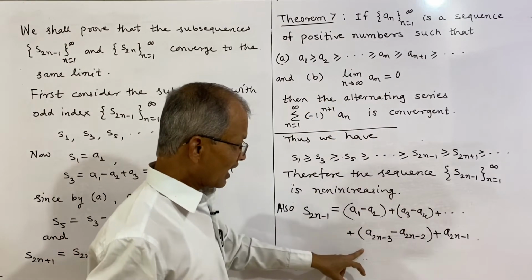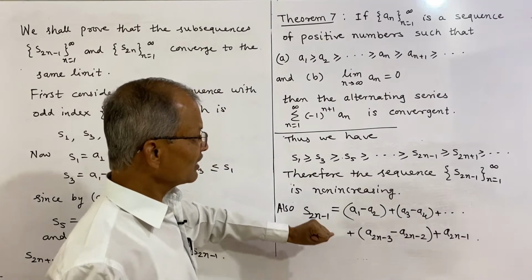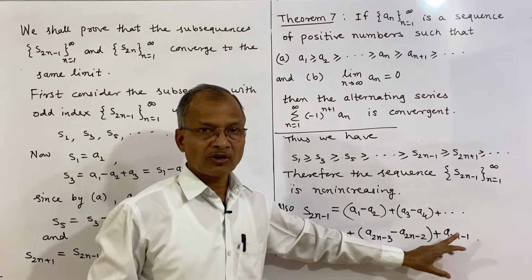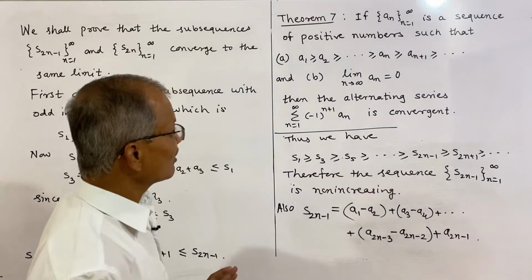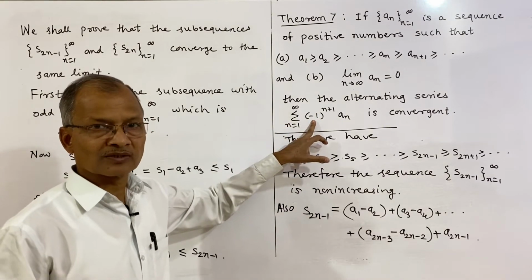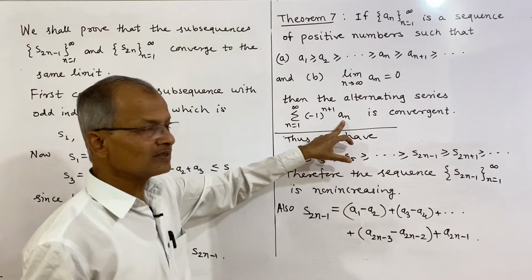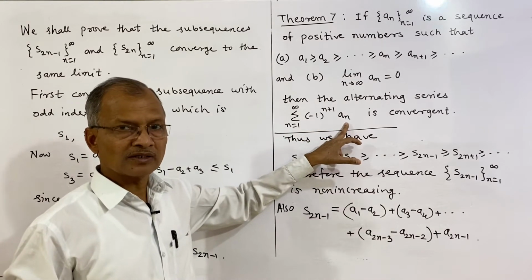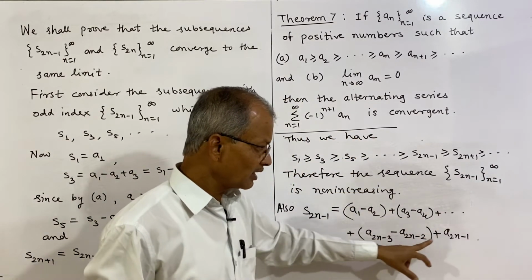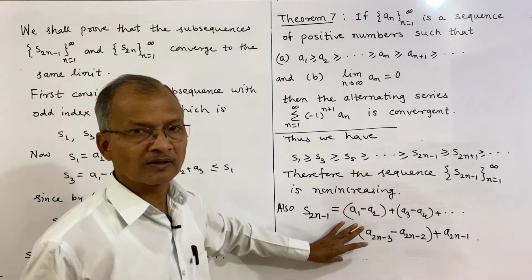And last, a2n minus 1 is the term in the alternating series, and that is positive, because the sign is separated in the notation of this series. This sign represents either plus 1 or minus 1, and this an is generally positive, so the last term is positive. That means each bracket term is non-negative and the last is positive, and therefore this quantity is certainly greater than 0.